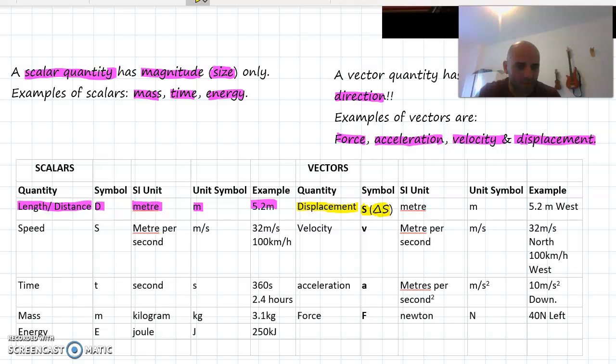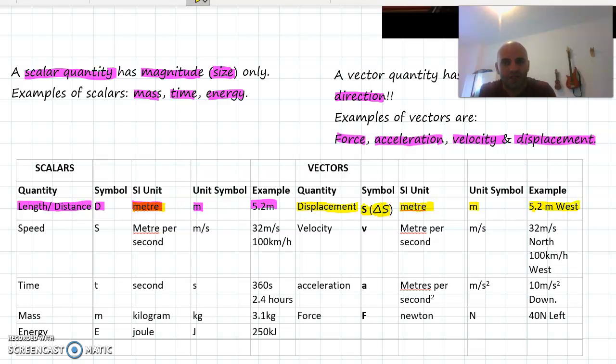And sometimes you'll see it written as delta S, like this little triangle. Okay, triangle just means change in. So change in position or change in distance, if you like. Again, notice we use the same unit as we would have done for distance or length, and again the same symbol, but the difference here is that this one has got a direction attached to it.